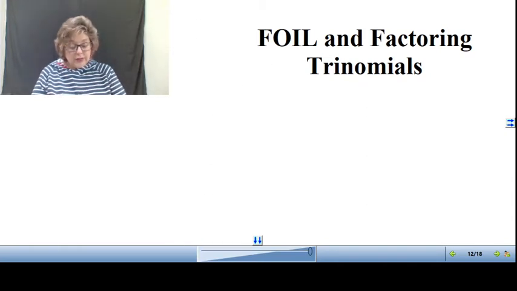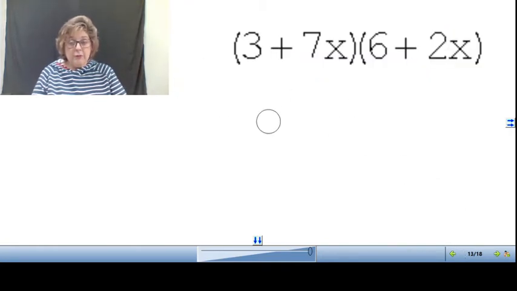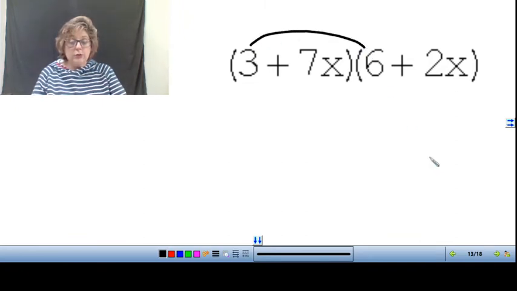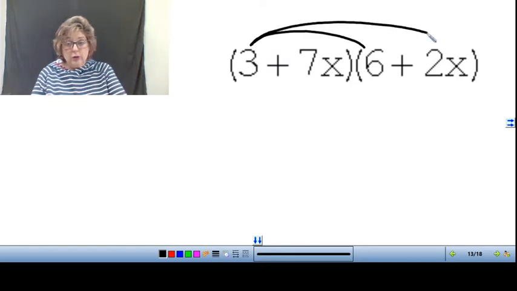What FOIL stands for is first, outer, inner, last. And it's a way of multiplying, like in this case, the binomial times the binomial. The first two terms would be those. The outer two terms would be here. So that's the first.